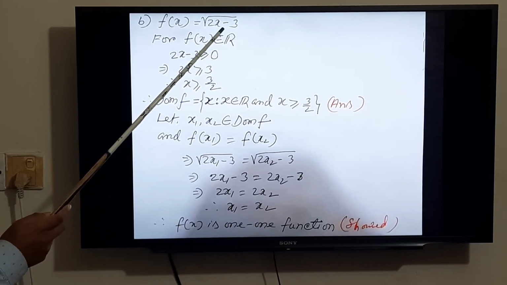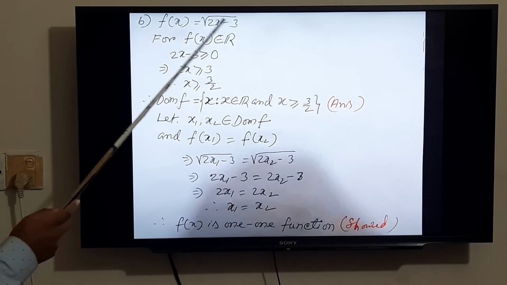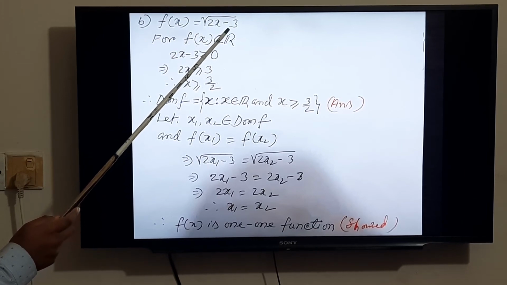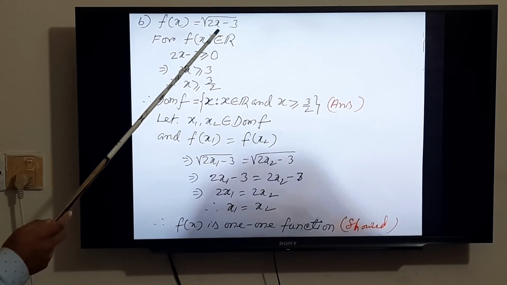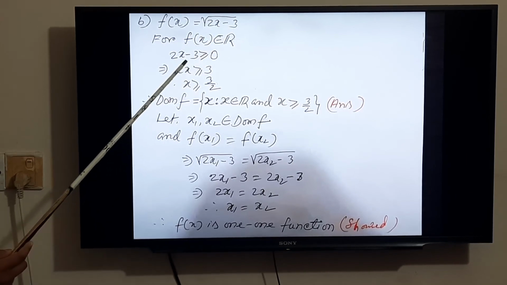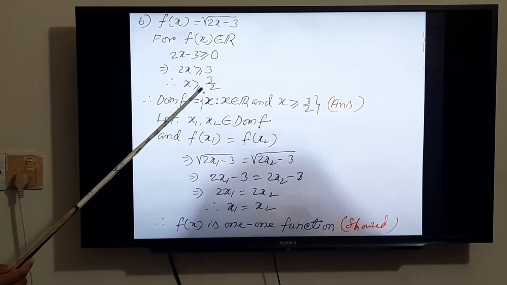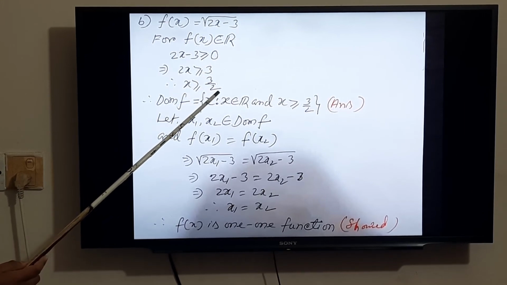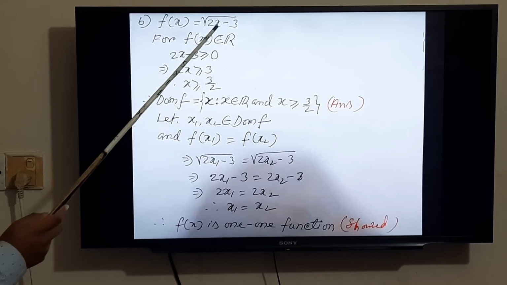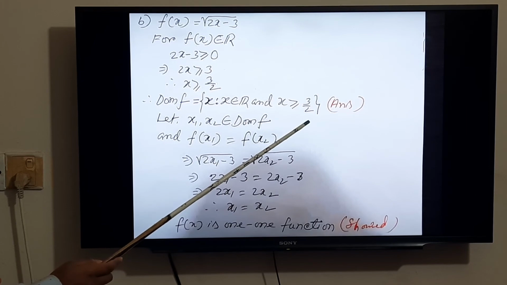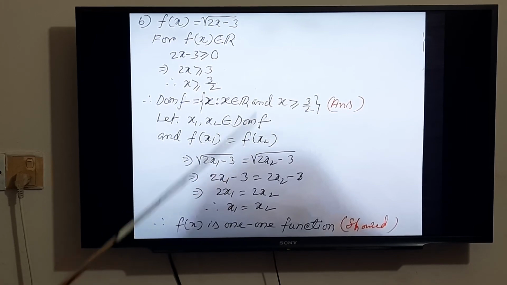It is clear this is a square root term. In a square root, a negative number will not be acceptable. So it always has to be positive, greater than or equal to 0. Then x is greater than or equal to 3. So this is our value for this expression, and that's why this is our domain: x is greater than or equal to 3/2.